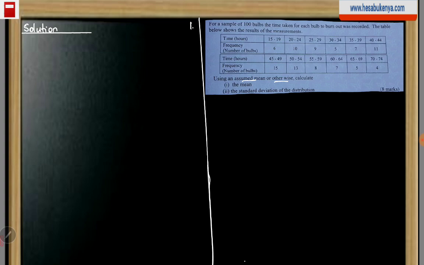So to represent the information given on a better table, we have the time.